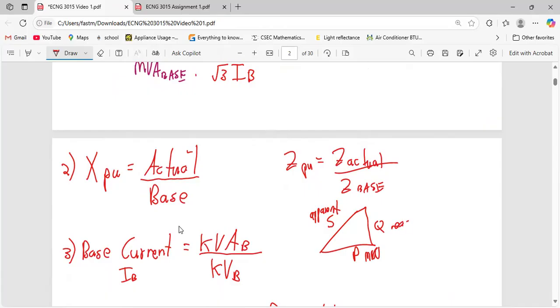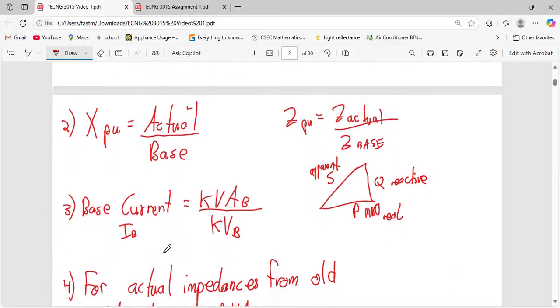They will give you apparent. MVA is basically apparent power, but in this case it is kVA, so you have to convert it to kilo. So it'll be kVA base divided by your kilovolt base. That'll give you I base.